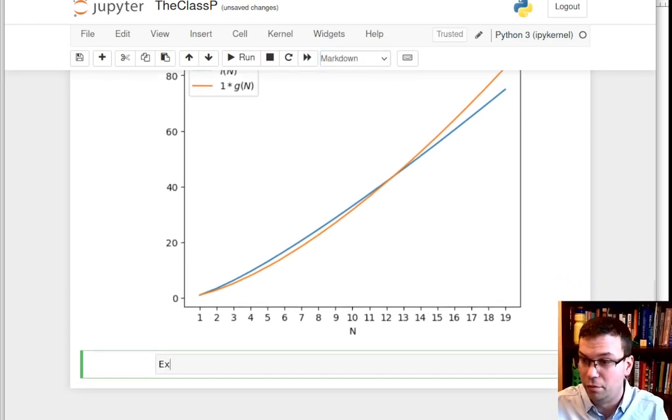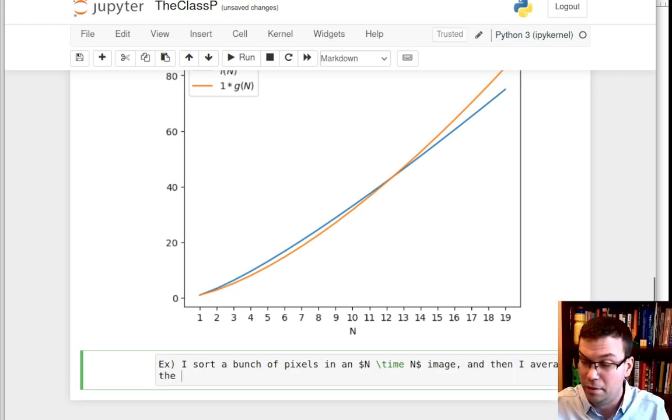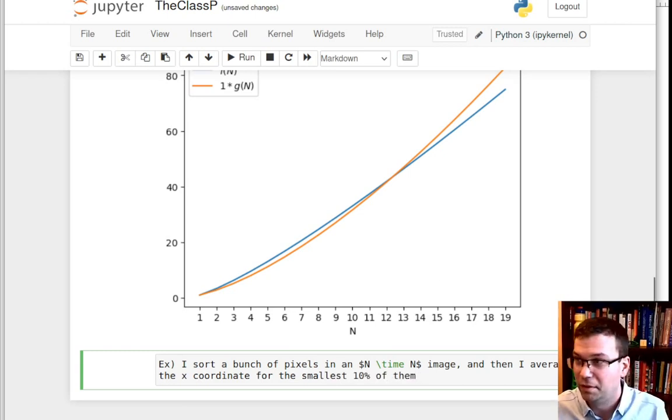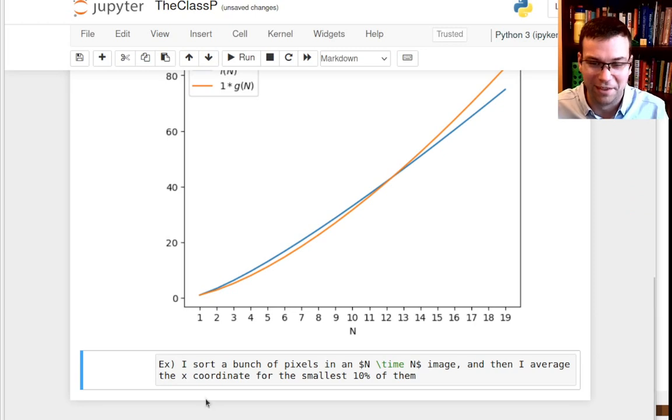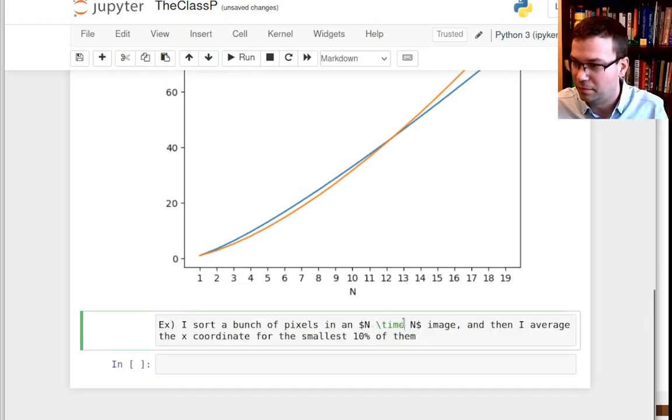Another example I could give you is, let's suppose I sort a bunch of pixels in an n by n image, and then I average the x-coordinate for the smallest 10% of them. This is something I might do for some reason.